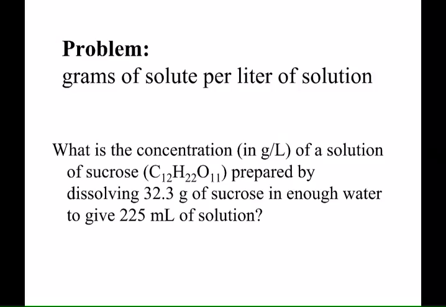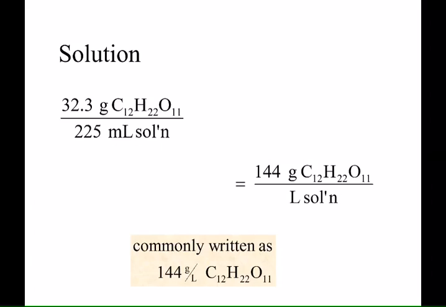It gives you the mass of the component, 32.3 grams, and it gives you the final volume of the solution. So to get it in terms of grams of sucrose per liter of solution, we're just going to take those 2 numbers and divide. Now we have to fix it a little bit because we want the units in the denominator to be liters instead of milliliters.